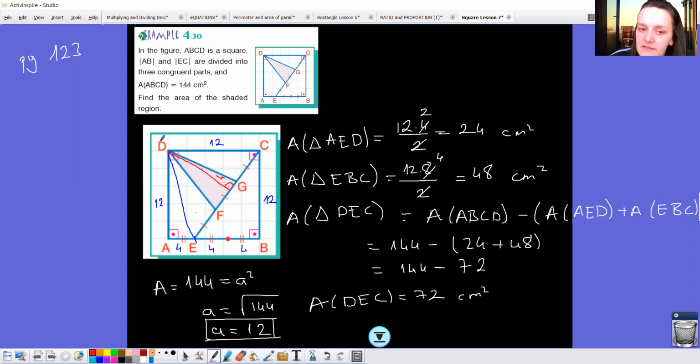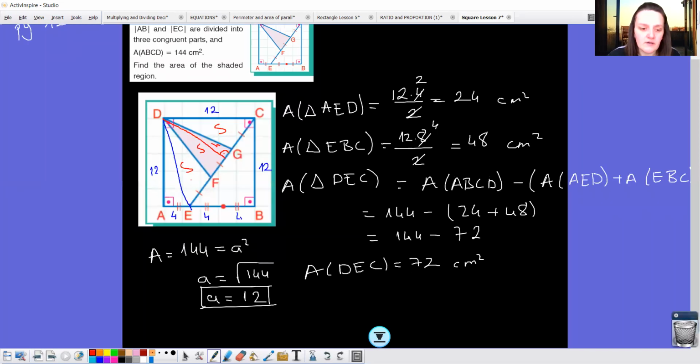So the areas here are the same. Area of DEC is equal to 3S, as you can see.